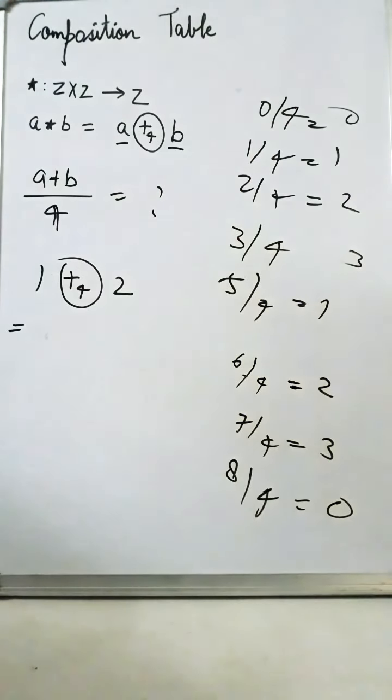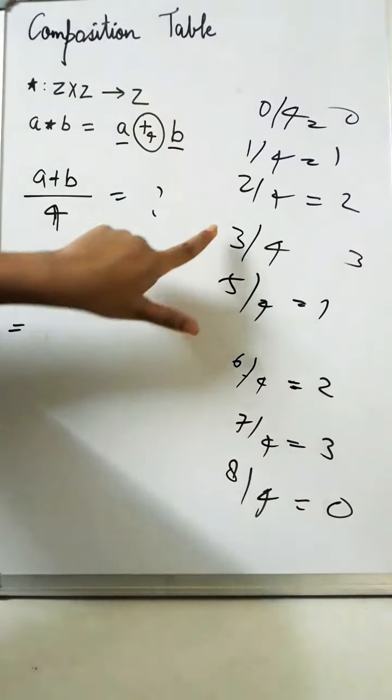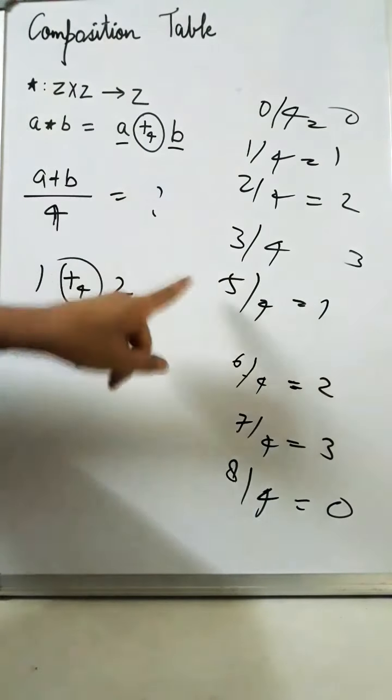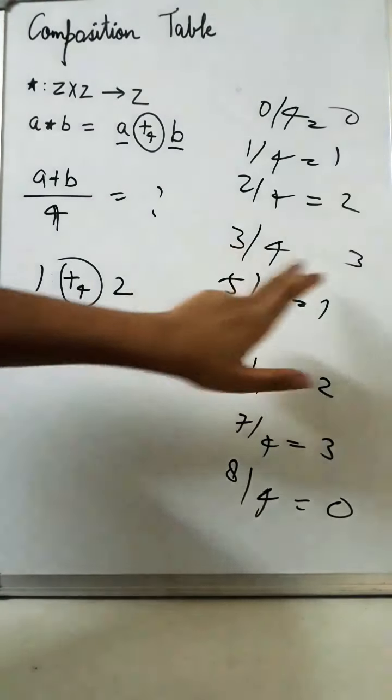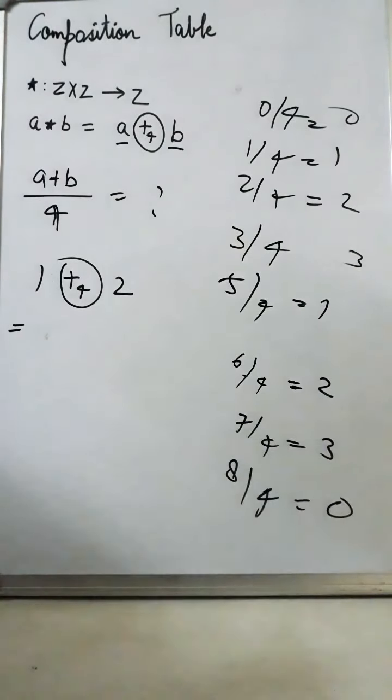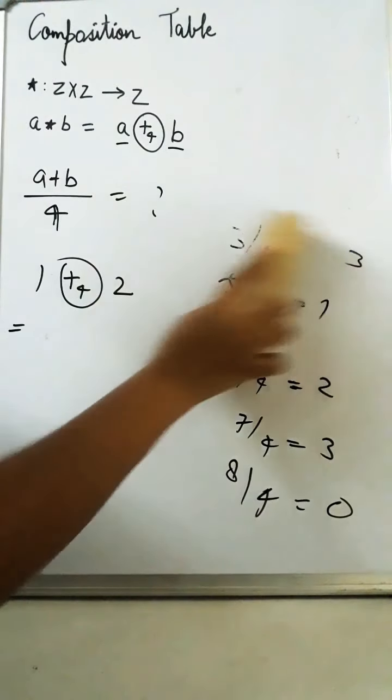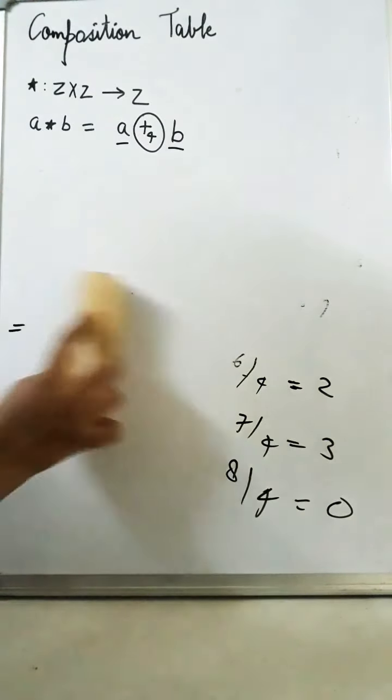Once your number becomes equal to or greater than 4, you write the actual remainder, otherwise the number itself. You will get this clearly by this example. Now let us see.